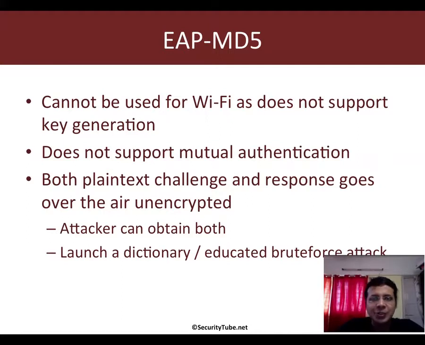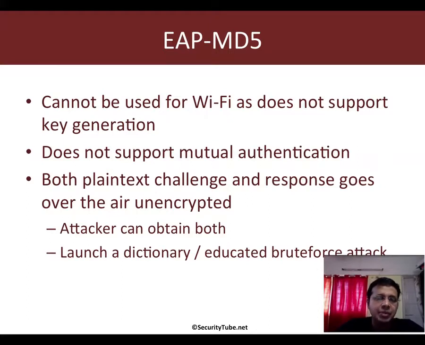The onus is on the client to go ahead and prove its identity to the Radius server and not vice versa. Now, as you can imagine, this is basically an open playground for man in the middle attacks and any other impersonation attacks where an attacker can impersonate the Radius server.